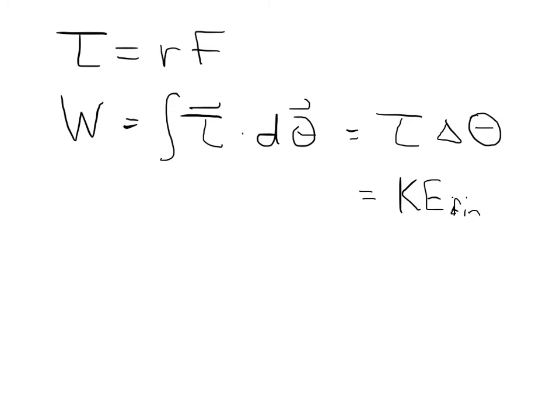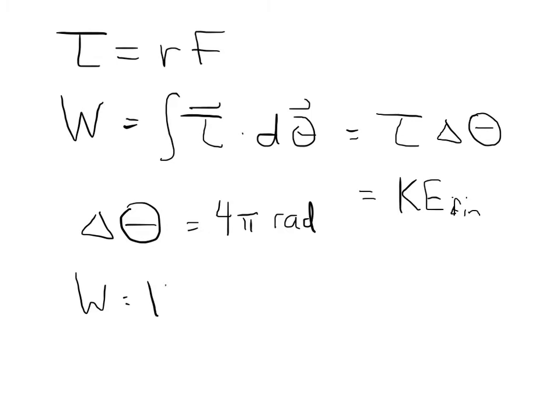So now we have to calculate tau delta theta. We already calculated the magnitude of the torque, and we know that delta theta is 2 revolutions, which means that there are 2 pi radians per revolution, so it's just 4 pi radians. The work that was done, which is equal to the final kinetic energy because the initial kinetic energy is 0, is just going to be R times F times 4 pi.